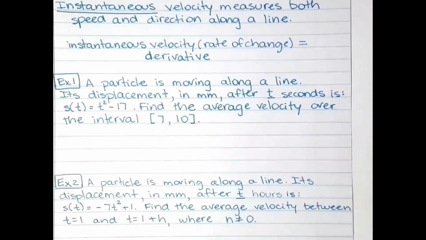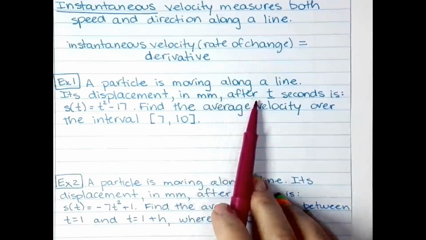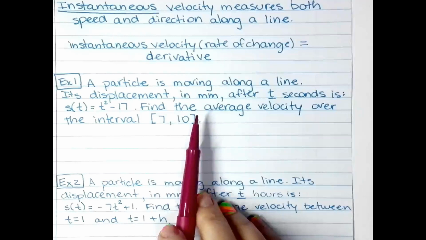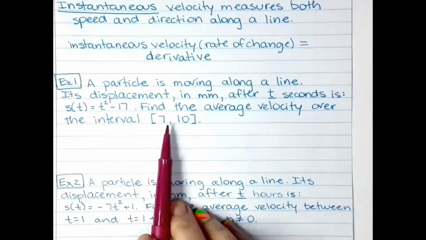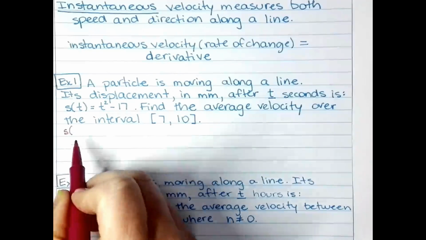Okay, so we have a particle moving along a line. Its displacement in millimeters after t seconds is this function. Find the average velocity over the interval 7, 10. So I have my function here.